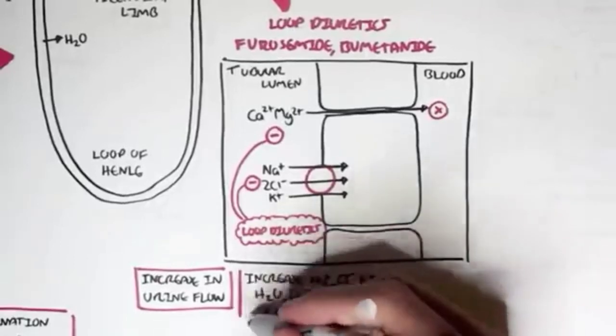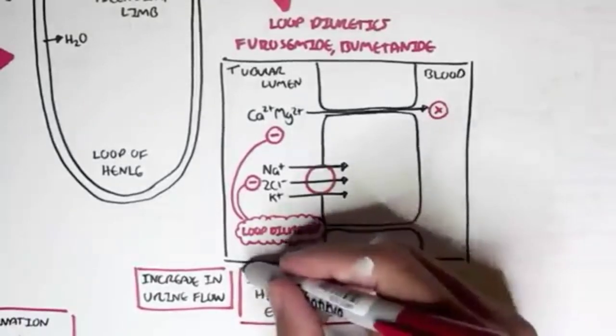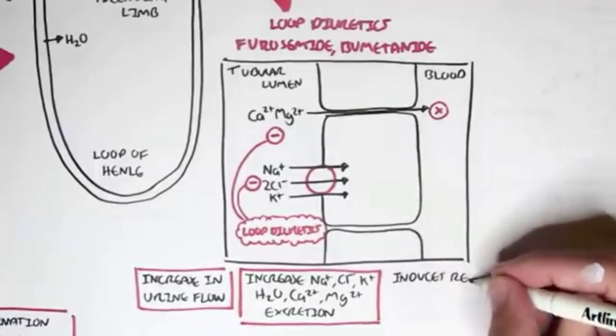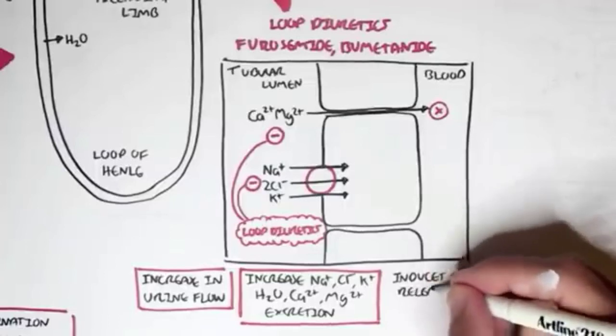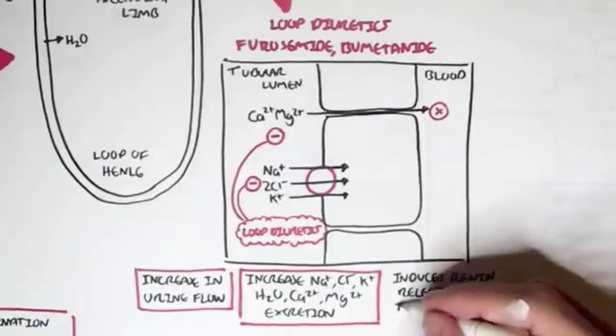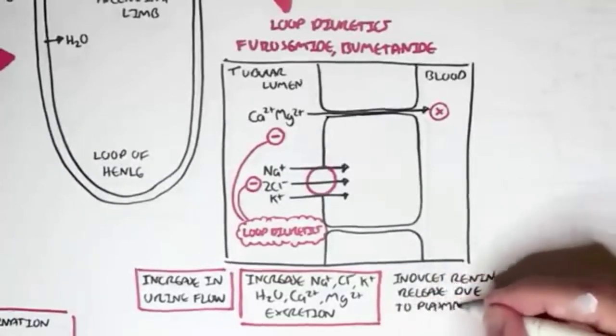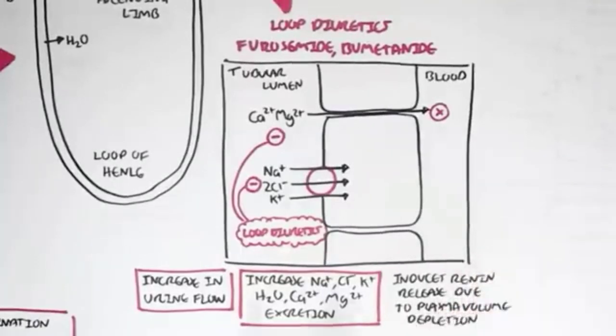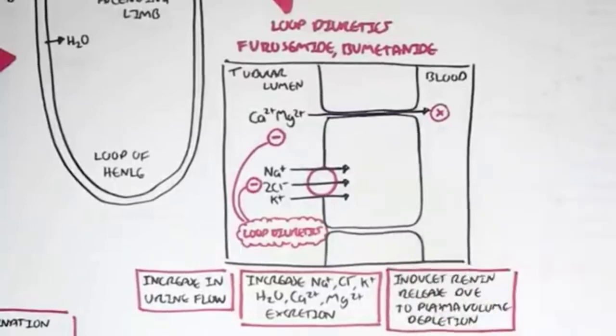And because it increases the excretion of these substances, it will therefore decrease the plasma volume, right? Thus, loop diuretics can actually induce renin release due to the plasma volume depletion. And renin, as you know, will want to increase blood pressure.